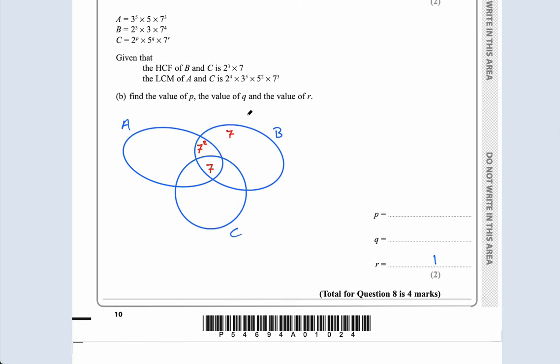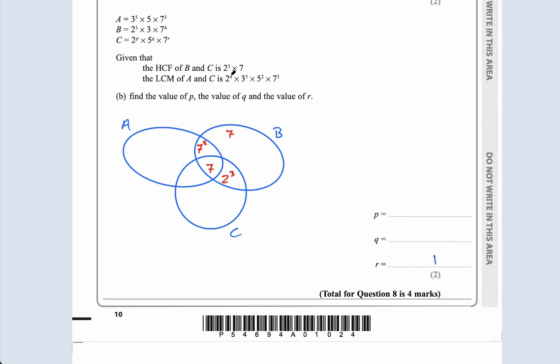Okay, next number to work with is, well, let's look at the 2s. It says that, again, the highest common factor of B and C is 2 cubed times 7. So I'm going to put a 2 cubed here. There is no 2 in A, so I'm going to put a 2 cubed here, 2 cubed here. But it says the lowest common multiple of A and C is 2 to the 4 times 3 to the 5 times 5 squared times 7 to the 3.